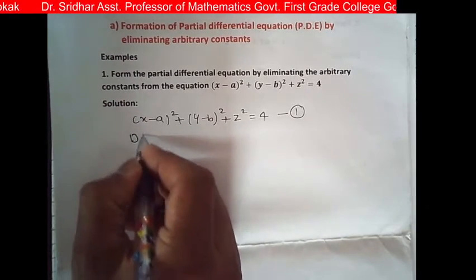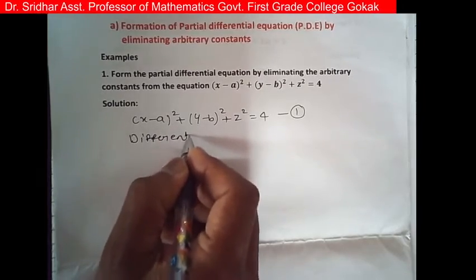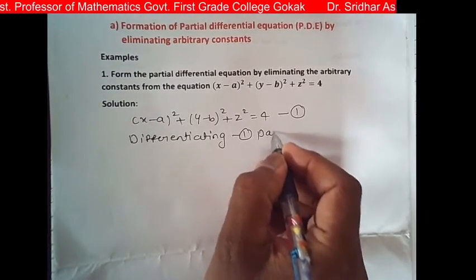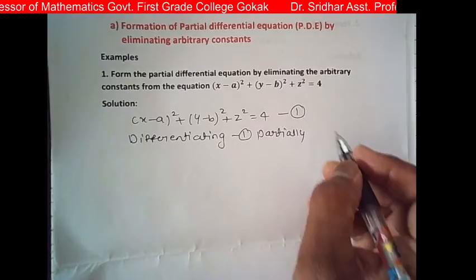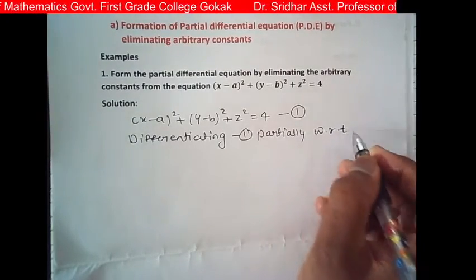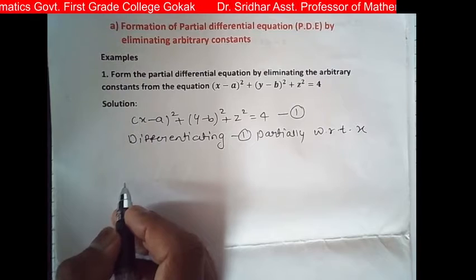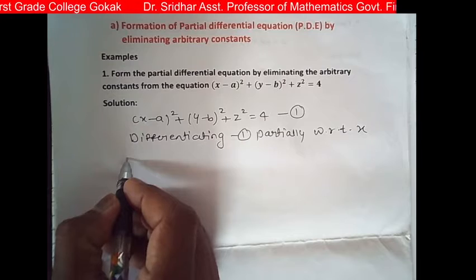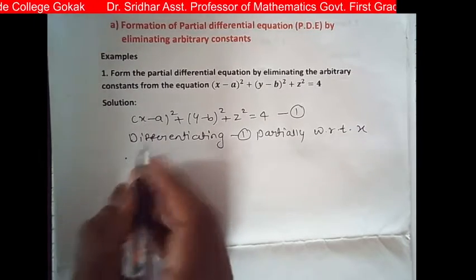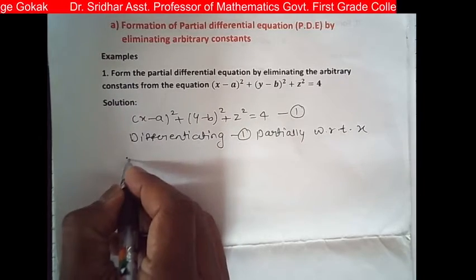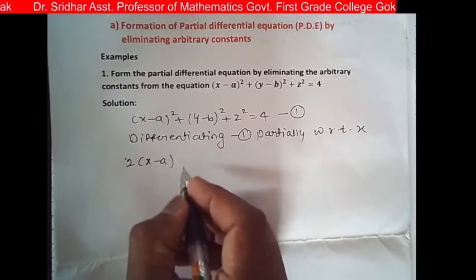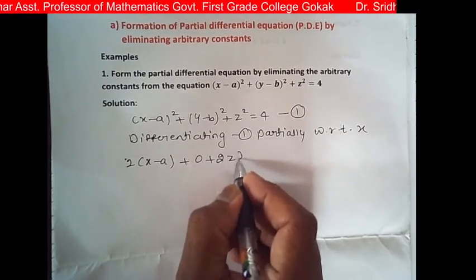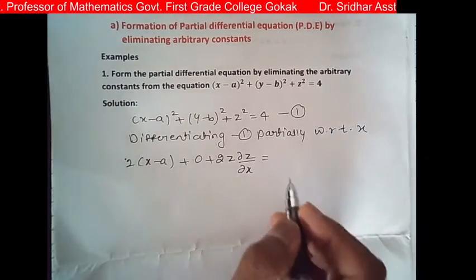So differentiating equation 1 partially with respect to x, what do we obtain? While differentiating with respect to x, y is treated as constant. So differentiation of (x minus a) whole square is 2 into (x minus a), then plus 0, and then here we have to differentiate z square, which is 2z into dou z by dou x, because z is a function of both x and y.